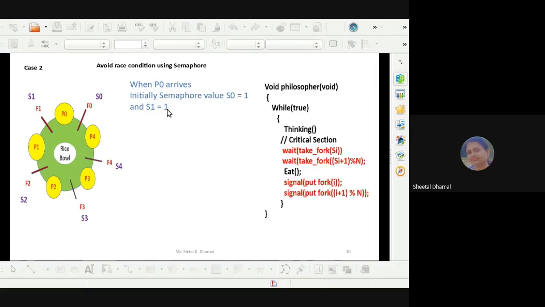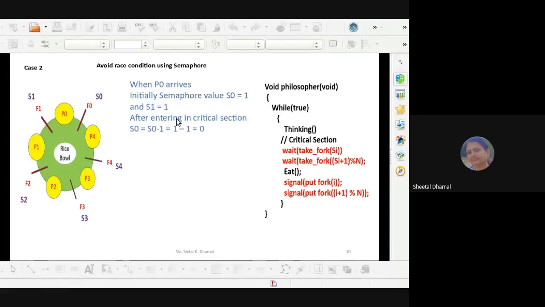Initially the value of the semaphore variable S0 is equal to 1, and the value of the semaphore variable S1 is equal to 1. If both the values are 1, then only philosopher P0 is able to enter into the critical section. So this process P0 will enter into the critical section.